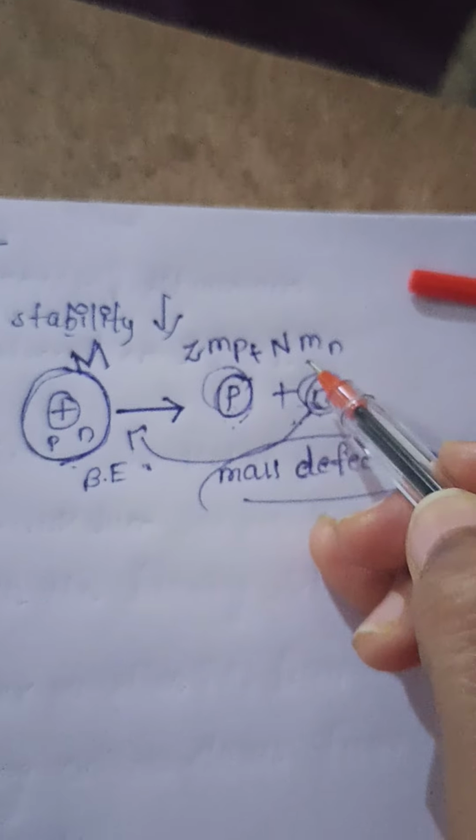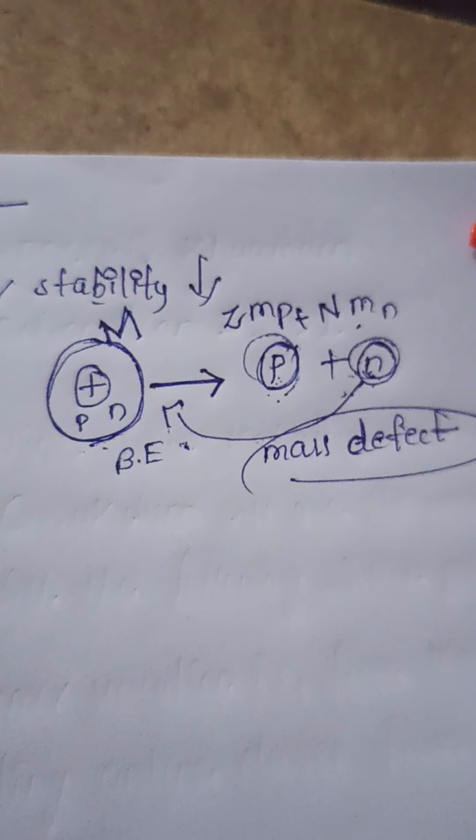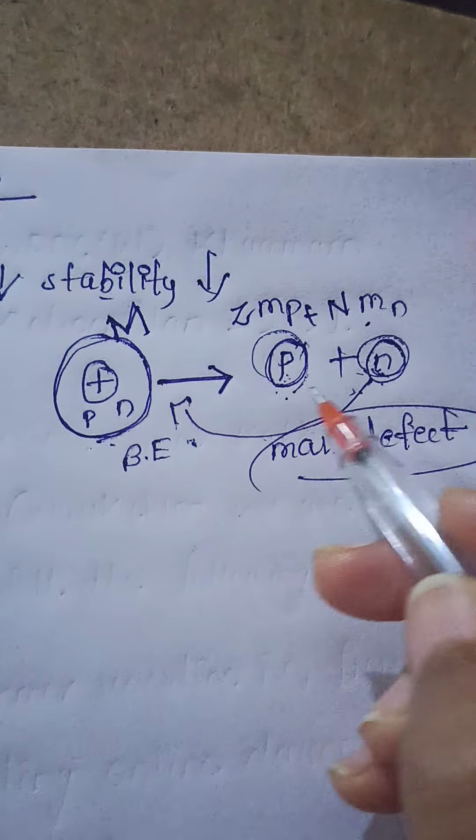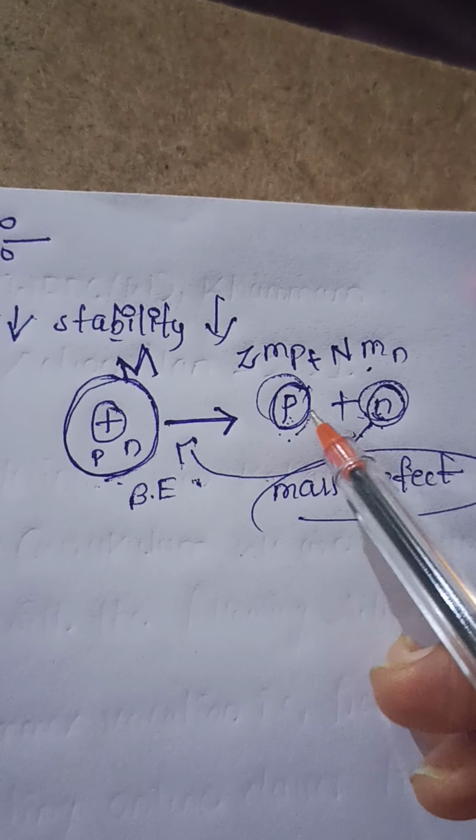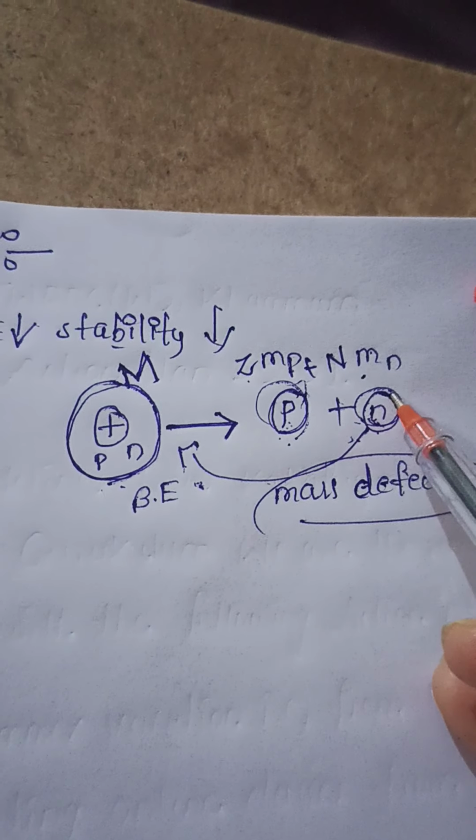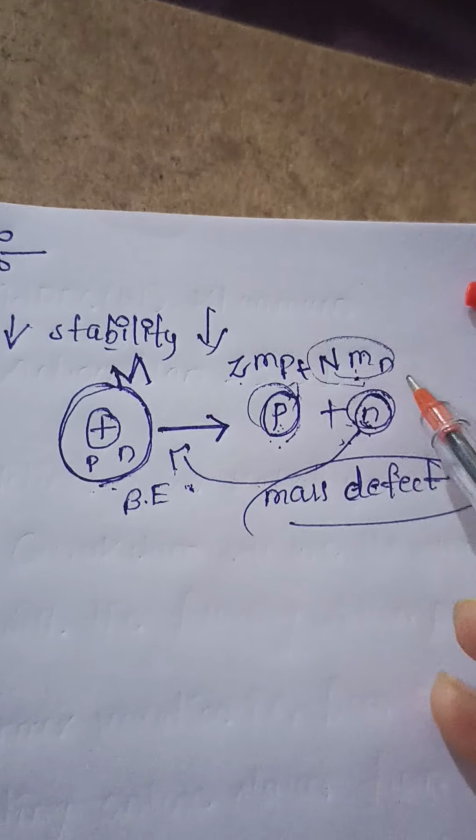So where has the mass gone? Whenever you split the nucleus into its constituent particles, for example, the mass of the protons is Z M_P and the mass of the neutrons is N M_N.